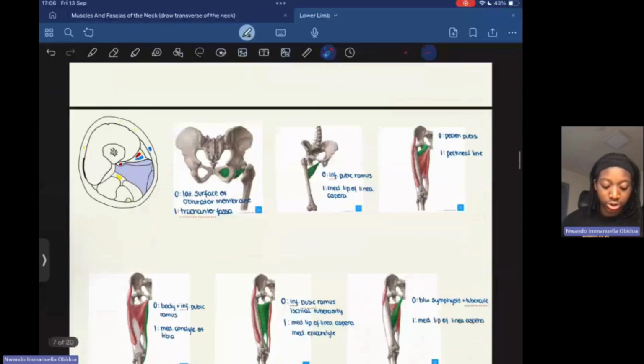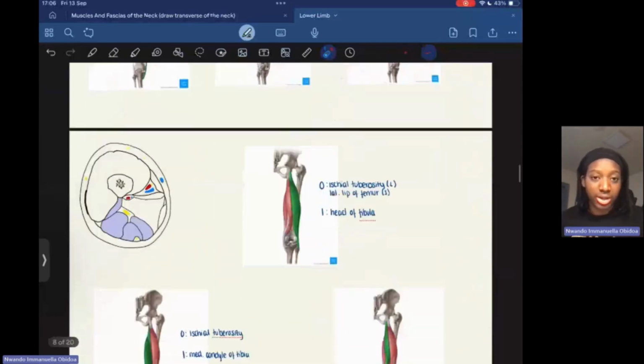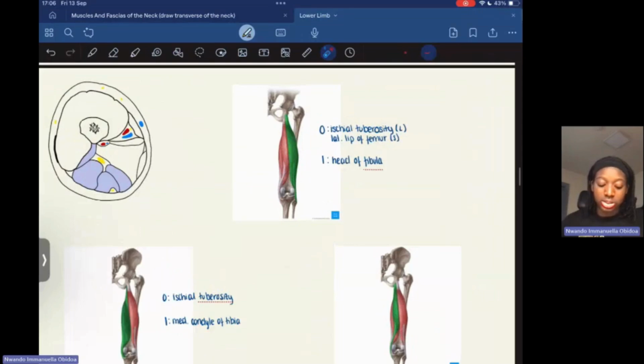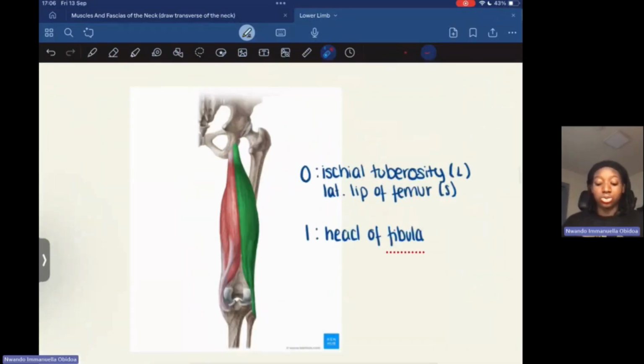And then our posterior group, the three muscles: biceps femoris, semitendinosus, and semimembranosus. The biceps femoris has two heads, a long head and a short head. The long head comes from the ischial tuberosity. The short head comes from the lateral lip of the linea aspera, and they both insert on the head of the fibula.